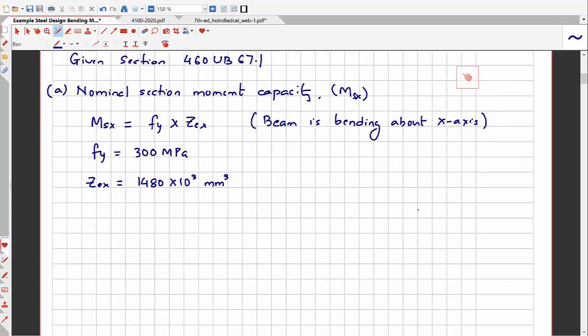Now again, the effective section modulus takes into account the compactness of the section as well. The local buckling is already incorporated in it. So therefore, the nominal section moment capacity, MSX about the x-axis, is Fy multiplied by ZEX, and putting in the values.